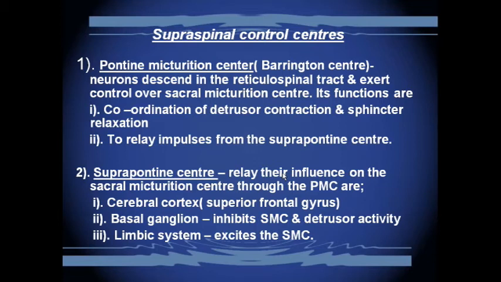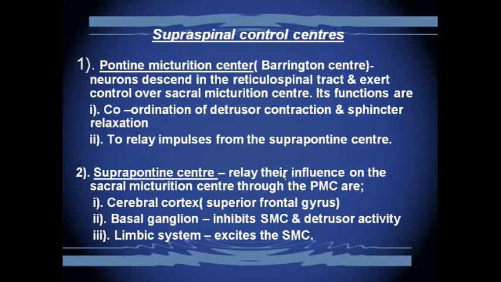The pontine center is also known as Barrington center, that you have read well already in your physiology. The function of the pontine micturition center is coordination of detrusor contraction and sphincter relaxation, relaying impulses from the suprapontine. The pontine center will relay impulses and coordinate contraction of the detrusor and relaxation of the sphincter.